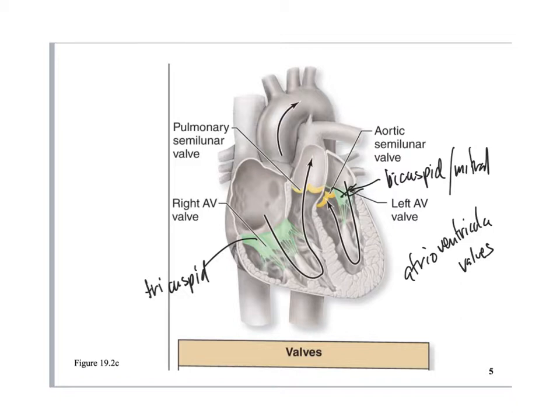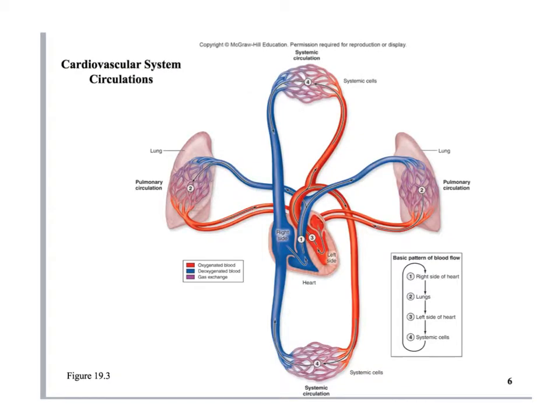The structure of the heart provides a two-sided pump for two separate circuits. You have your systemic circuit, which is the left side, and the pulmonary circuit, which is powered by the right side of the heart. This is what the circuits look like. If we start blood flowing through, you can see where gas exchange is occurring.